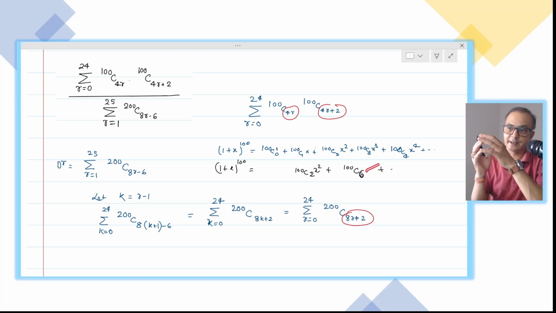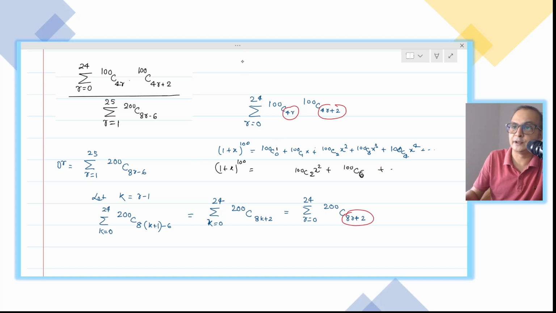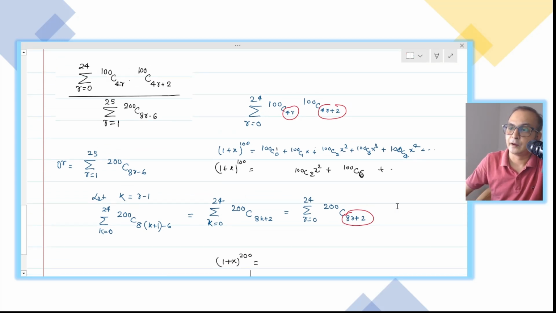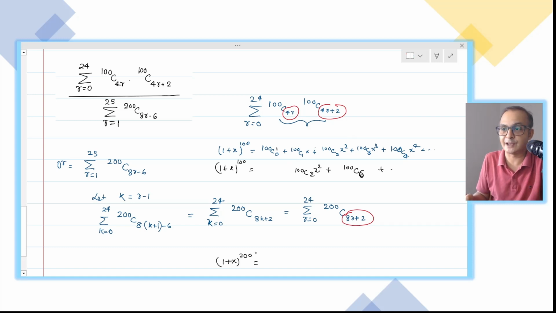So when you are multiplying this thing, on the right hand side, what is happening, you have already multiplied 1 plus x to the power 100 and 1 plus x to the power 100. So it will turn into 1 plus x to the power 200. And in this expansion, whatever product you are getting from here, it will go to 1 plus x to the power 200 expansion as 200C8R plus 2. Why?